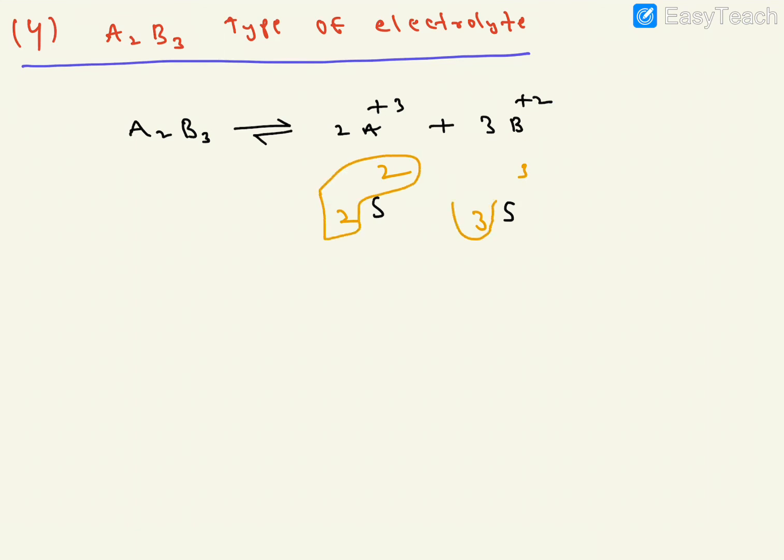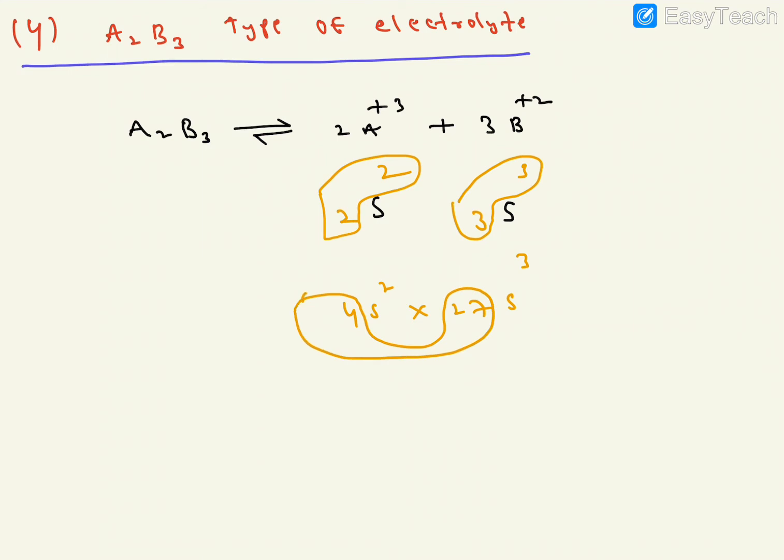First, as I said, this is multiplication. So what we have to do is take the squares and cubes here. What we get is 2 to the power 2, that is 4, and 3 cube is 27, into 27. And how many ions are there here? The 3 ions.